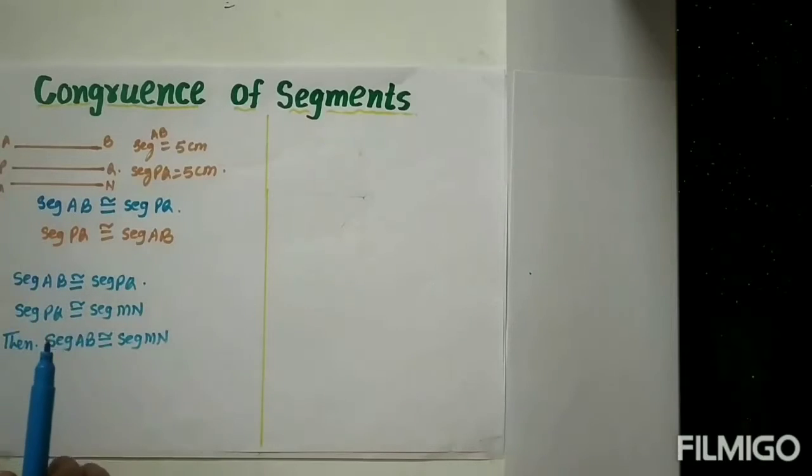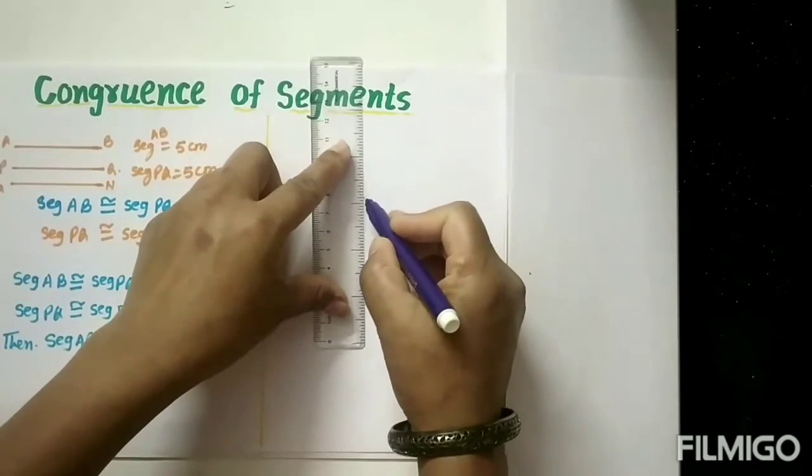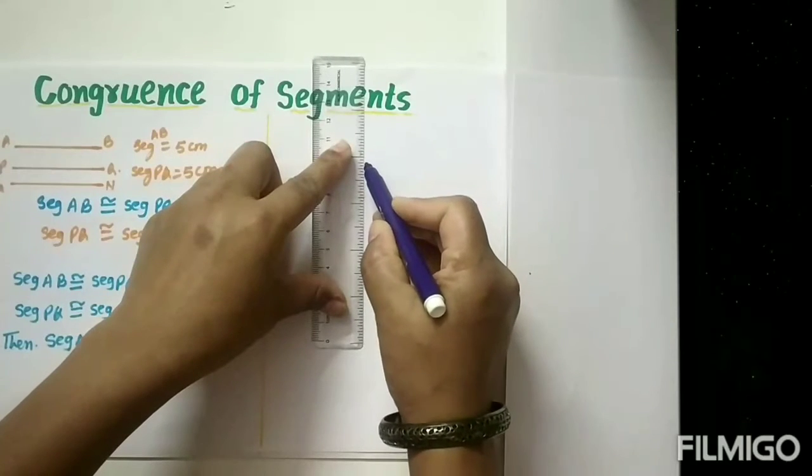Okay. Now here we will see one example. Here I am going to draw some line segments.